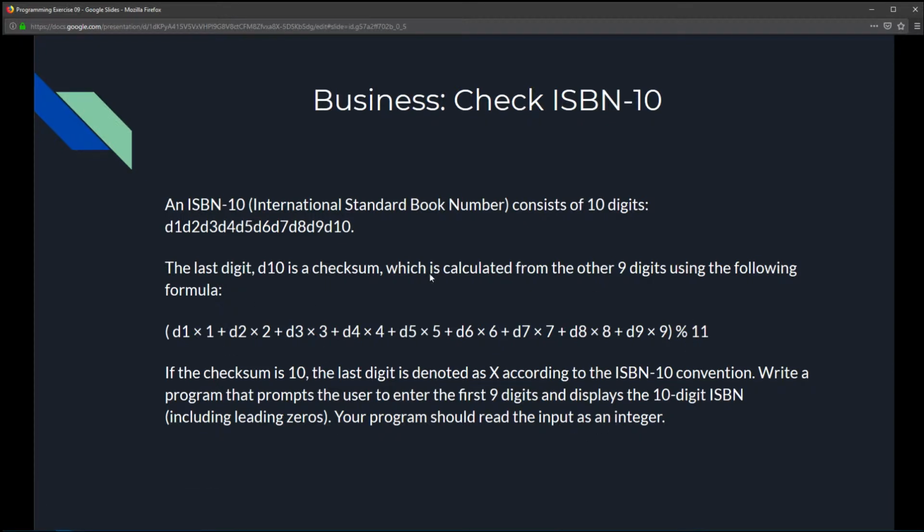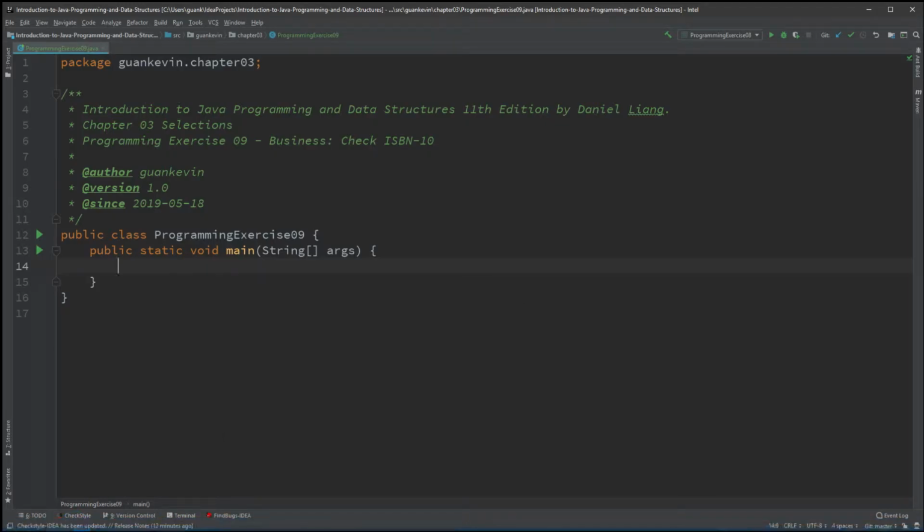Now that's going to be a little bit tricky. After we calculate D10, the checksum, we still have to make sure that it displays the leading zeros. Before I go on, let me show you why it's a little bit tricky.